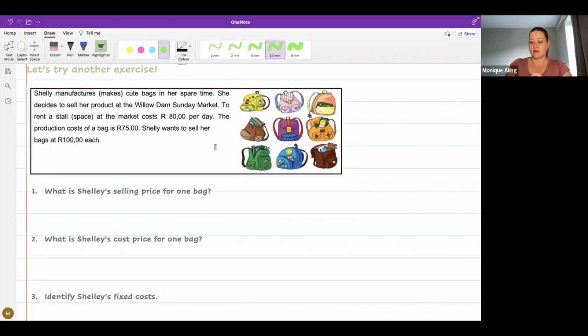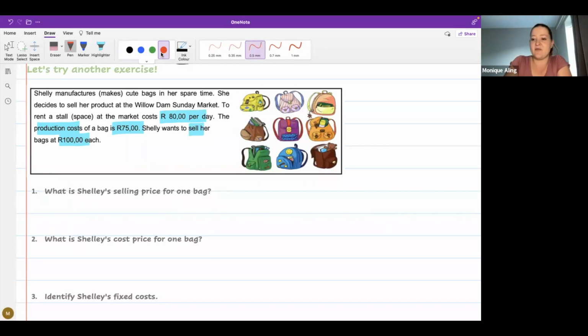Okay. So the important things we need to look at here before we even worry about the questions is we have 80 Rand. We have production costs of 75 Rand and sell them for 100 Rand. Okay, so we know that the 100 Rand must be what?